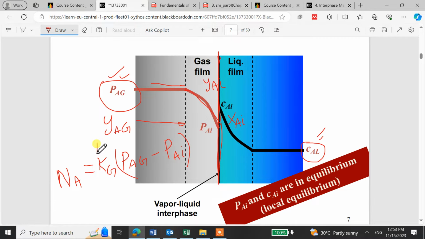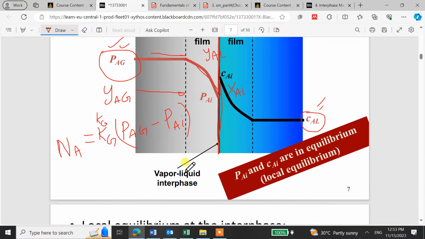This is small kg, we have to be careful. So small kg is the mass transfer coefficient in gas, times PAG minus PAI, the interface pressure.